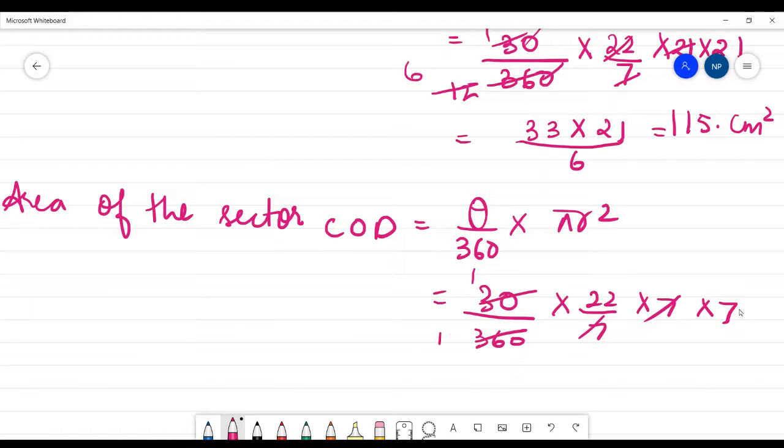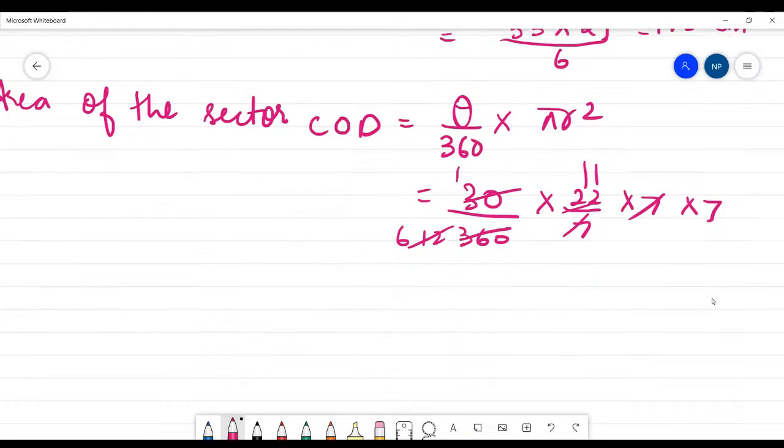We are left with 1 upon 12. 2 6 are, 2 11s are. So now we get over here 77 upon 6. So on dividing 77 upon 6, we will get the answer as 12.83.